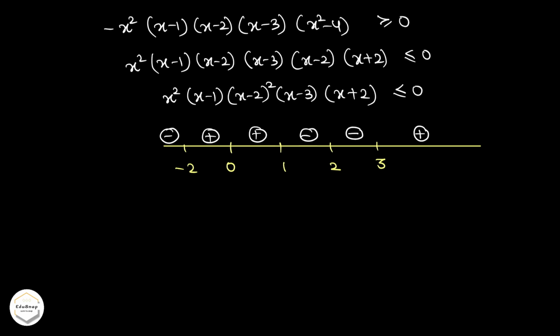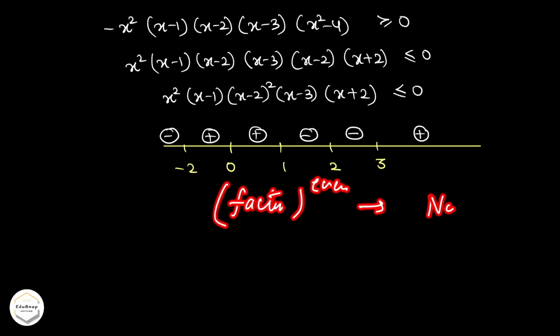Let's quickly discuss. Whenever we have a factor which is having odd power, if it is positive, in that case it will become negative. If it is negative, in that case it will become positive. If you have a factor which is having even power, in that case you will have no change.